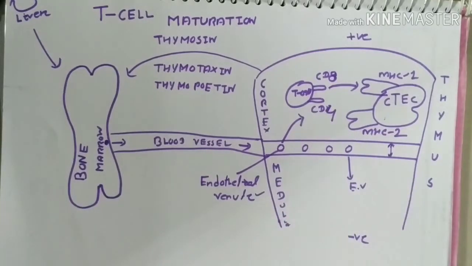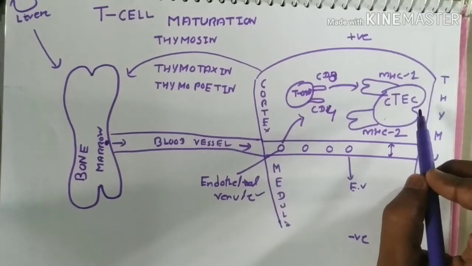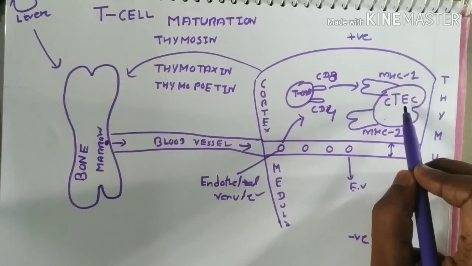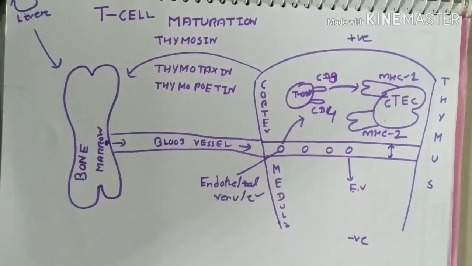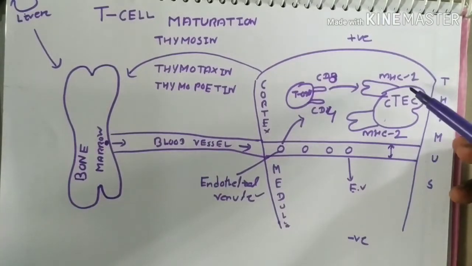In the cortical region there is a cell known as the CTEC, the cortical thymic epithelial cell, which has two types of MHC, both MHC1 and MHC2. MHC stands for major histocompatibility complex.